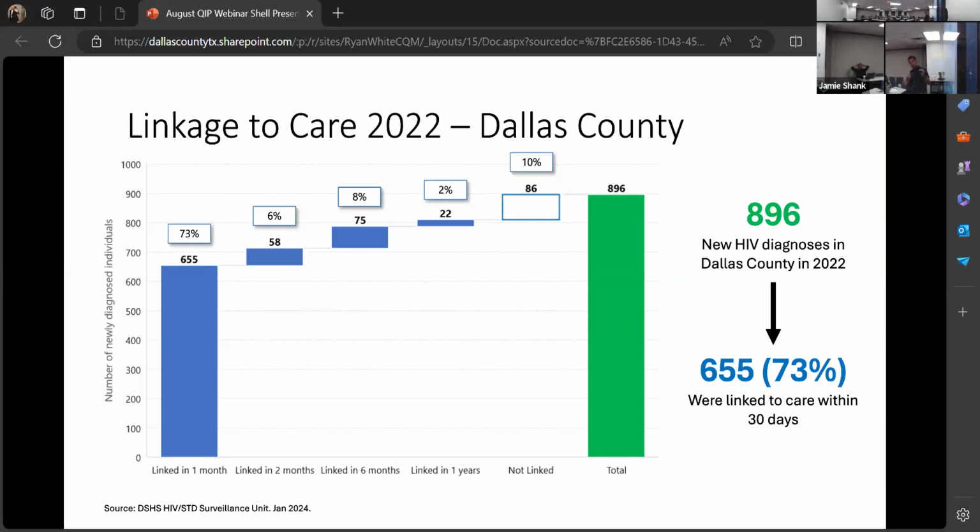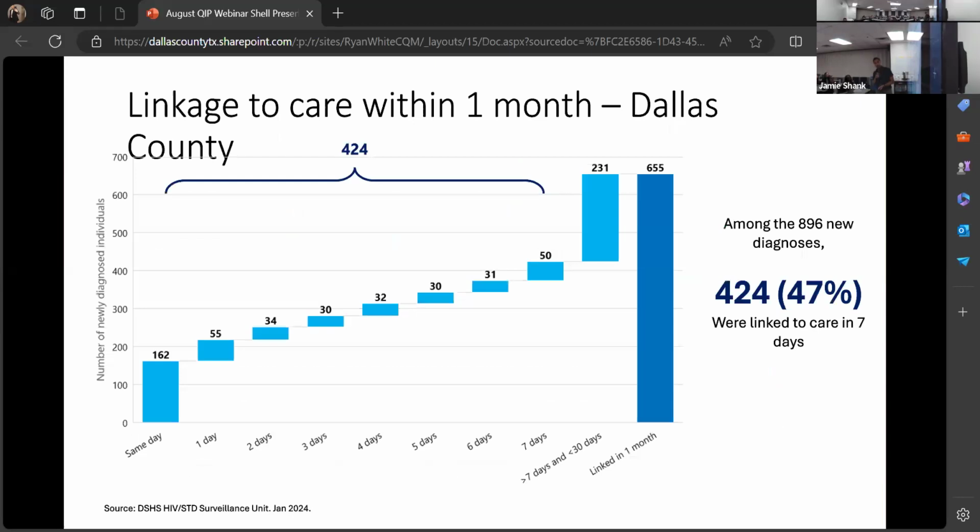And then about 16% of people were linked to care within 1 year outside of that 73, but then ultimately 10% of new diagnoses were not linked to care within a year of diagnosis.